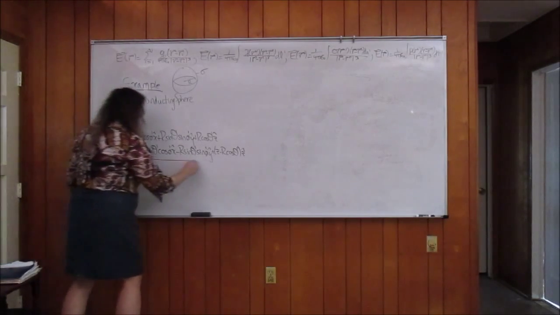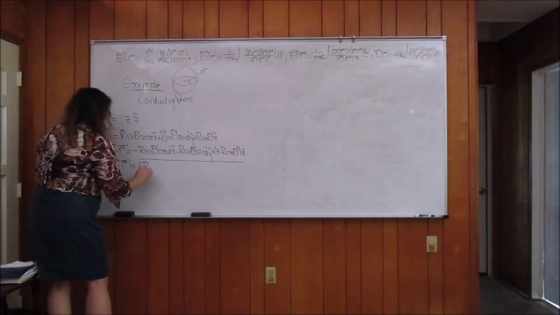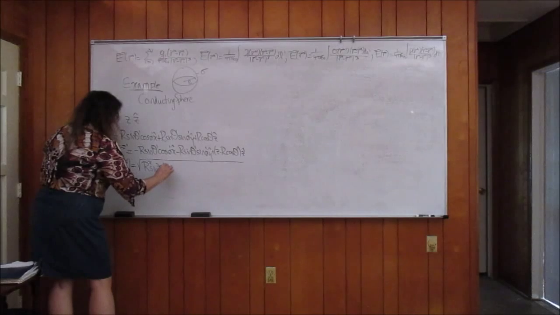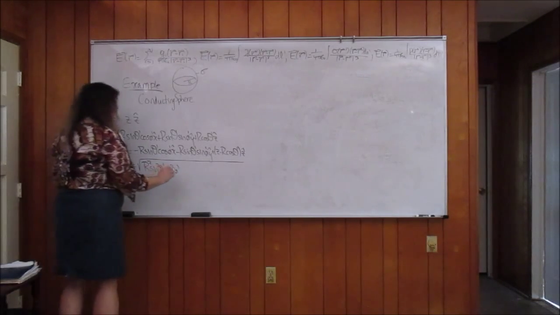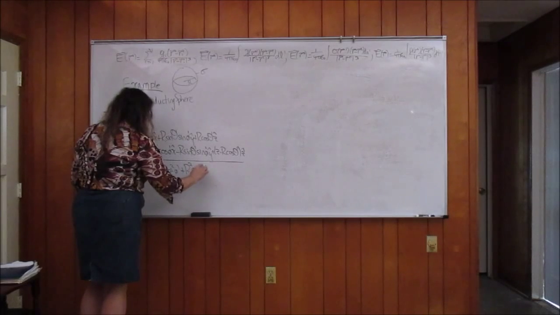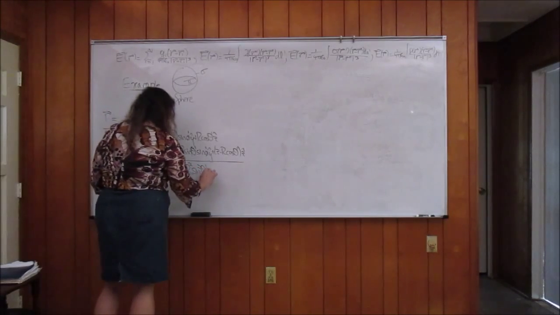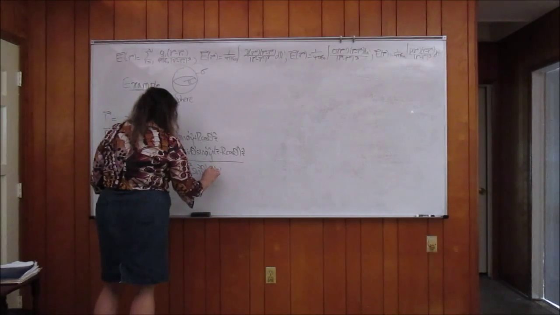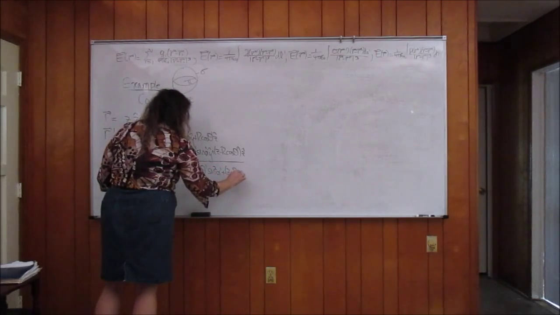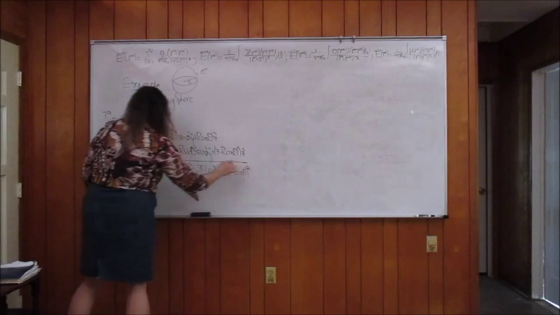So I will wind up with r squared sine squared theta prime cosine squared phi prime plus r squared sine squared theta prime sine squared phi prime plus z minus r cosine theta prime, squared.